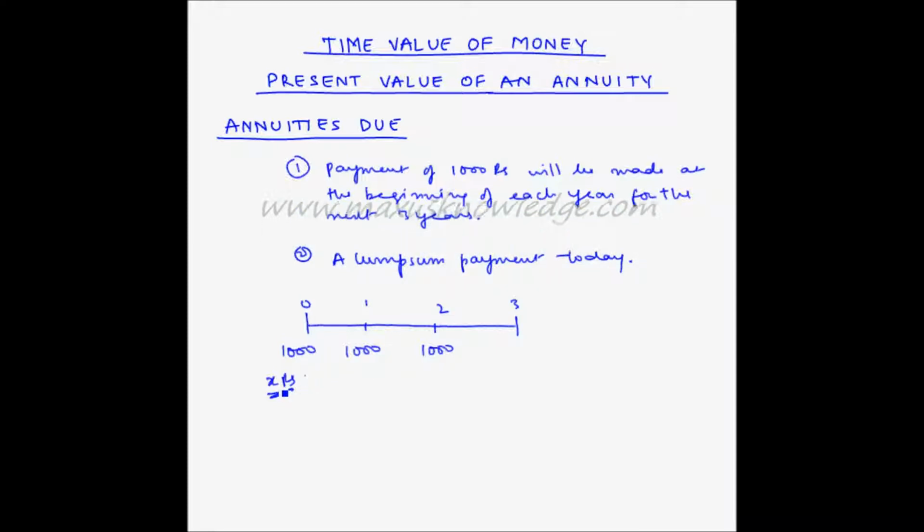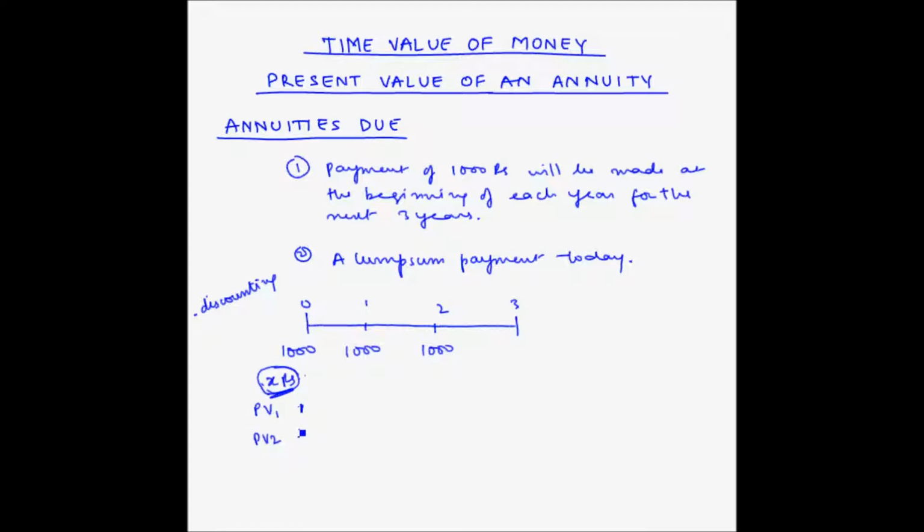So here, because we have to find the present value, we'll use the concept of discounting, which is nothing but the opposite of compounding. So if we break down this X rupees into 3 parts, we say PV1 is the amount which we'll get today, and today it is equivalent to 1,000 rupees.